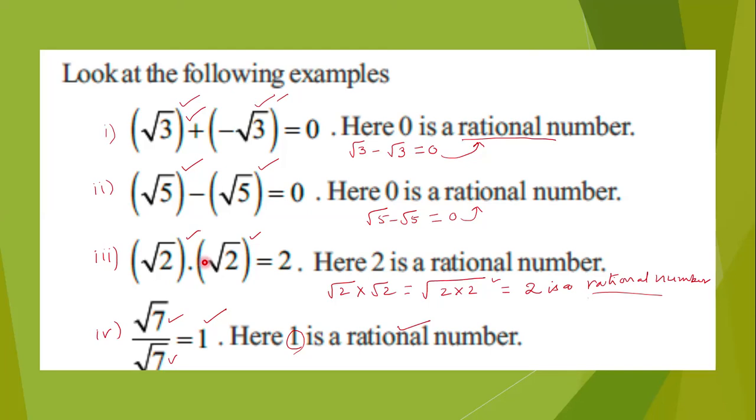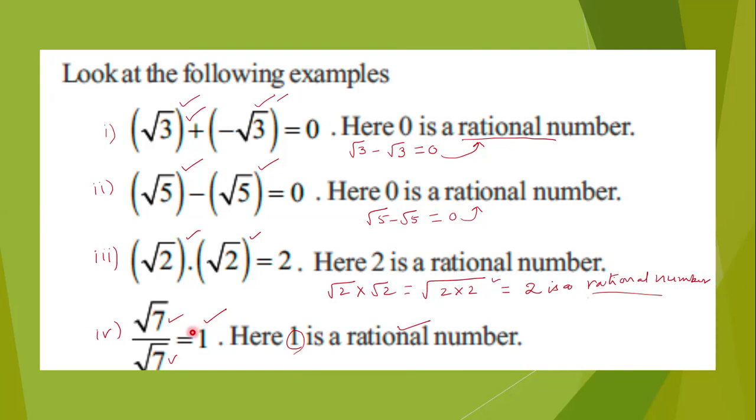And the third one, root 2 into root 2. An irrational into an irrational, what we get? Rational. And the fourth one, a division. Root 7 by root 7 means division. In division also what we get? A rational number.